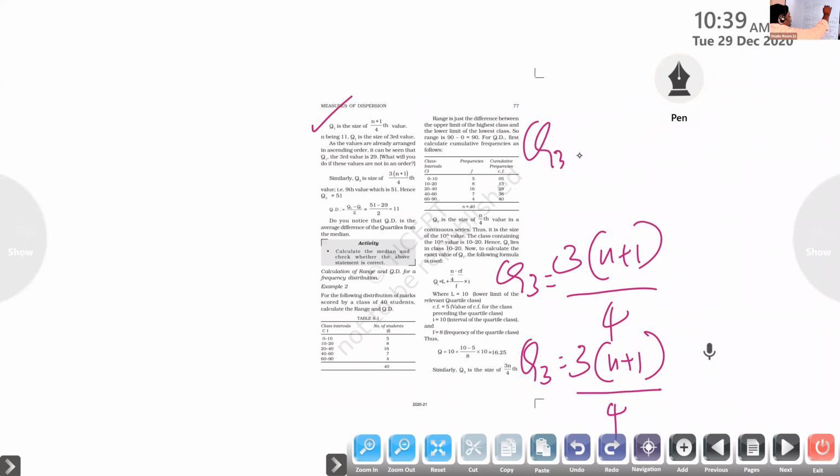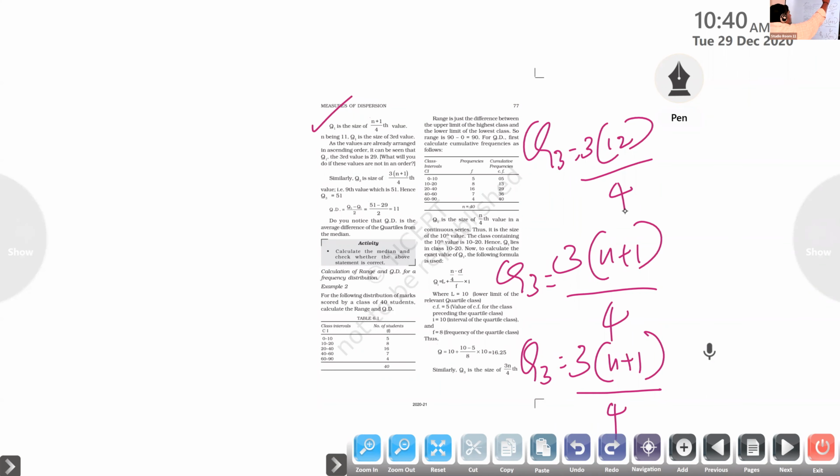So Q3 is equal to 3 into 12 divided by 4. What is the answer here? 36 by 4, which is 9.